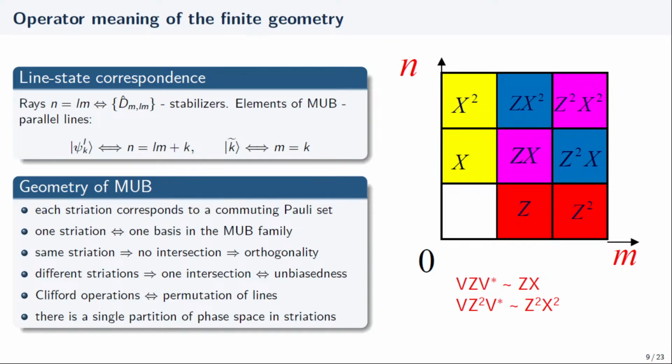However, let's recall that for this line, there are 2 parallel lines. So the total number of parallel lines precisely corresponds to the number of eigenstates. So we can associate in different manners the parallel lines with the eigenstates of the corresponding ray.